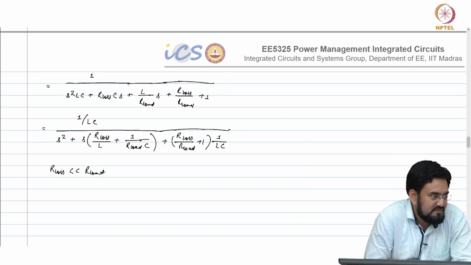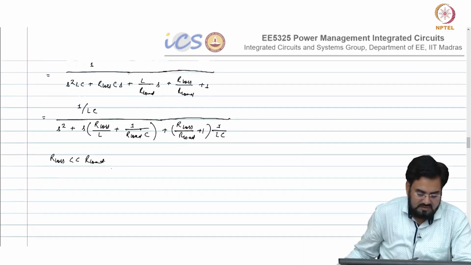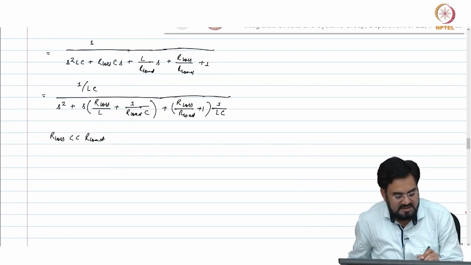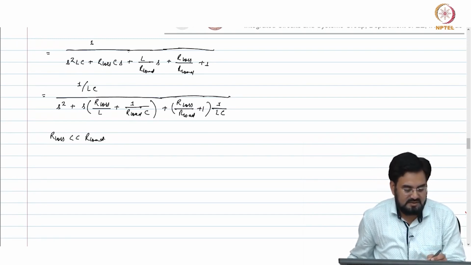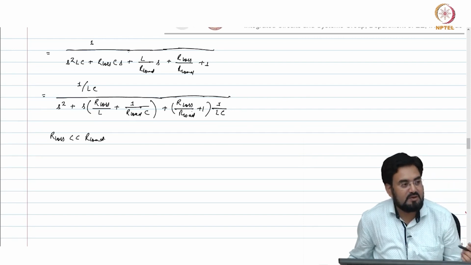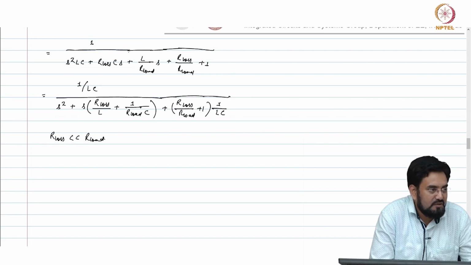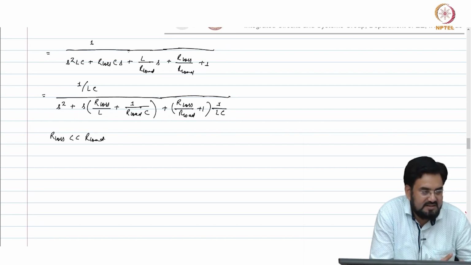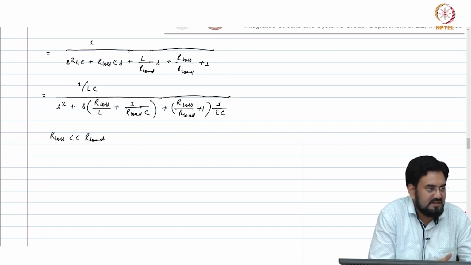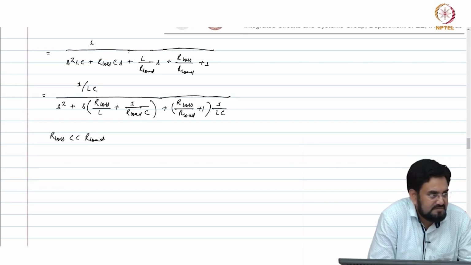We can make this assumption for simplicity. The ratio of R load and R loss will change your resonance frequency, but at the maximum load, R loss is still a small portion of R load, so your resonance frequency will not change that much. You don't necessarily need to consider this factor for stability, because your resonance frequency will not move that much.